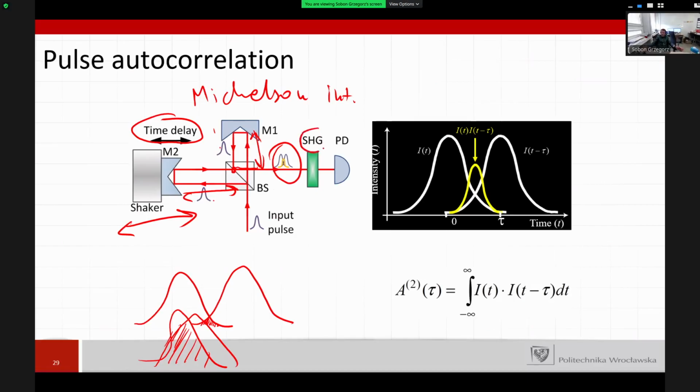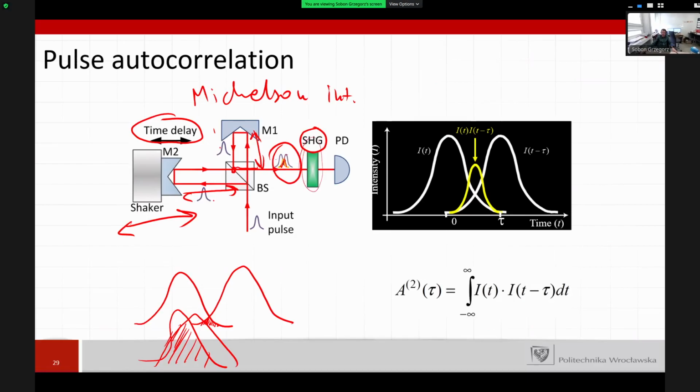So we put a crystal for the second harmonic generation. This is the same crystal that is used for frequency doubling of laser light. I already mentioned making the green laser out of the infrared laser. So this is just to make sure that we see only these overlapped pulses, because two separate pulses will not create a second harmonic.